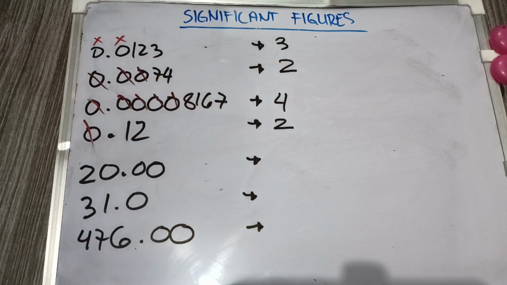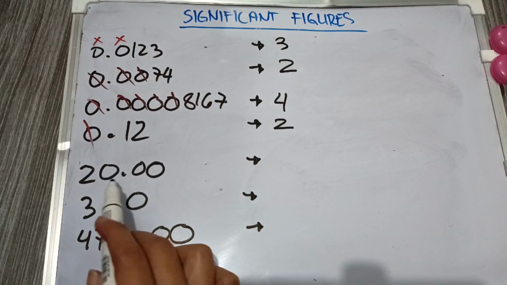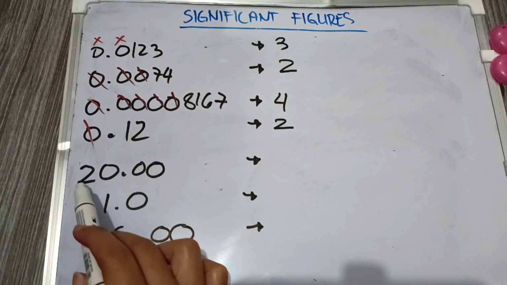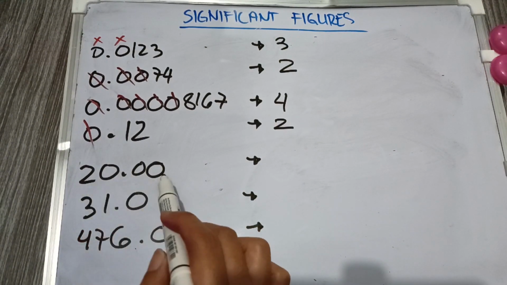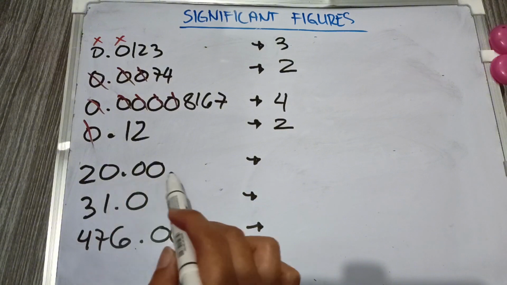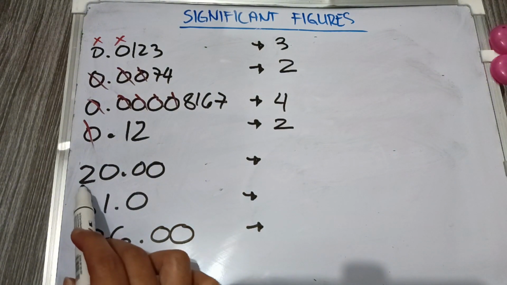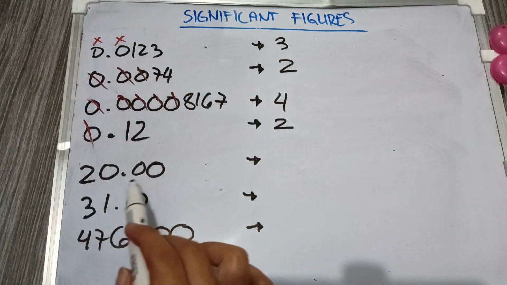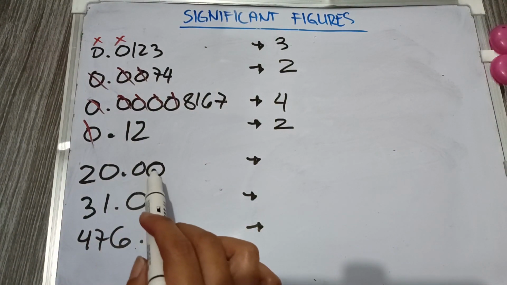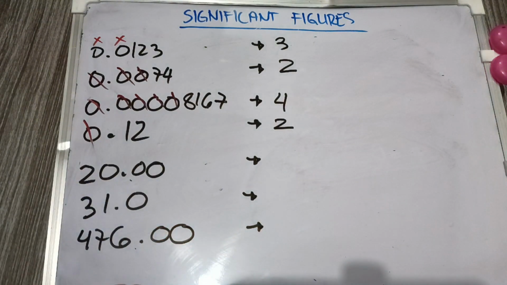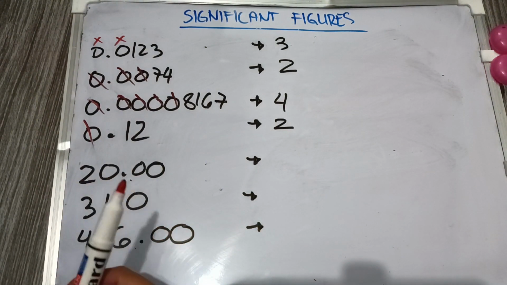Now, what about if the zero is at the last, or the trailing zeros? We can call these trailing zeros, the zeros on the right side of a non-zero digit. All the zeros that are on the right side of a decimal are significant figures.